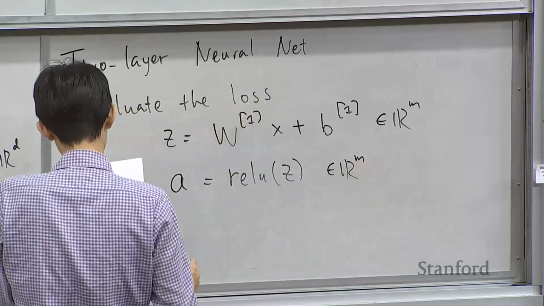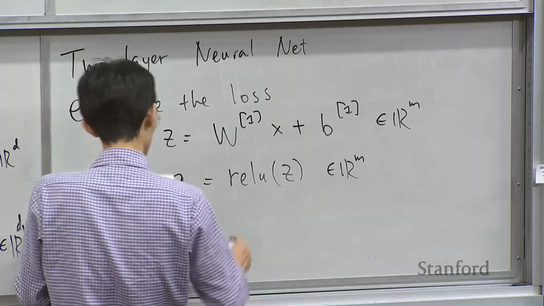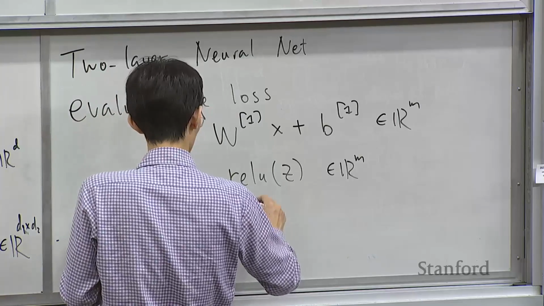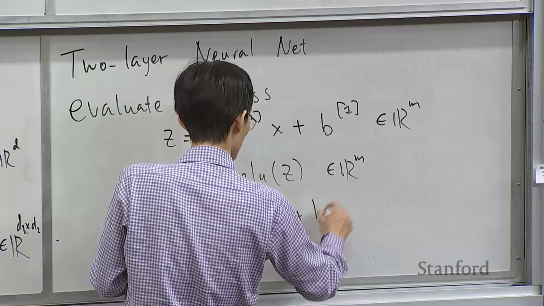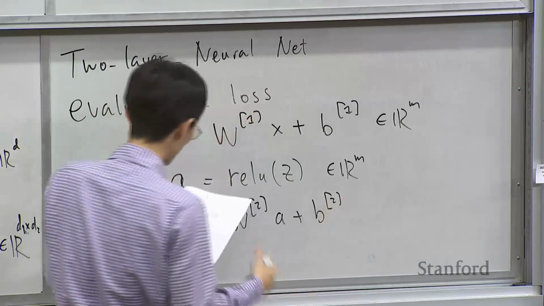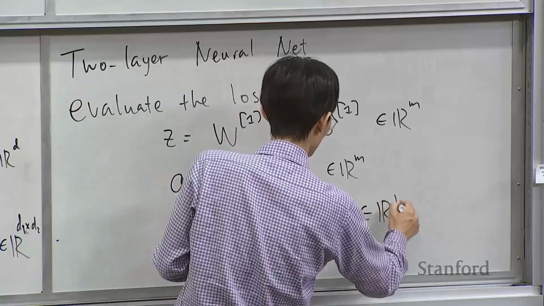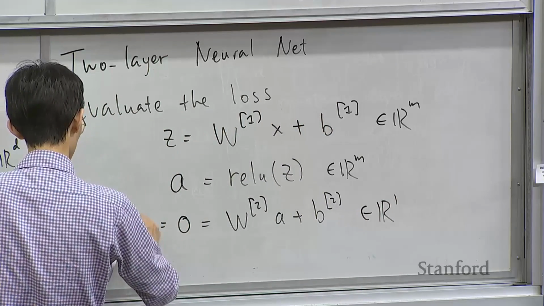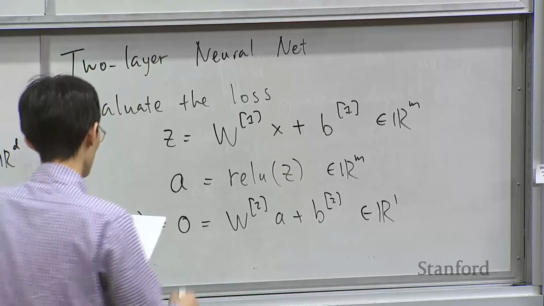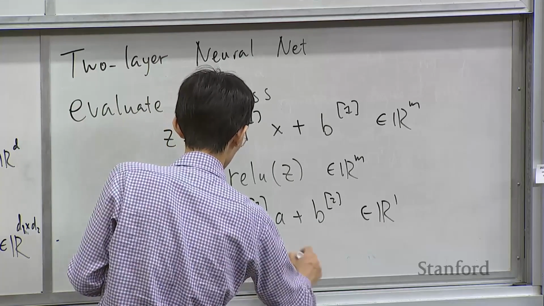And then you apply another layer, and let's call the output of this layer O. So you apply W2 A plus B2. Because this is the output layer, you want to make this one-dimensional, so you get R1. Sometimes this is called h theta of X; this is the model output. And then you compute the loss, which is something like a half times (Y minus O) squared.